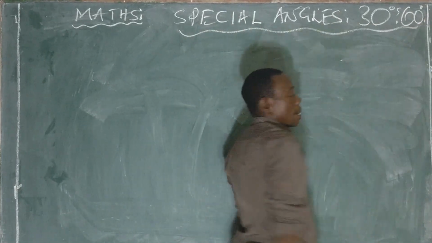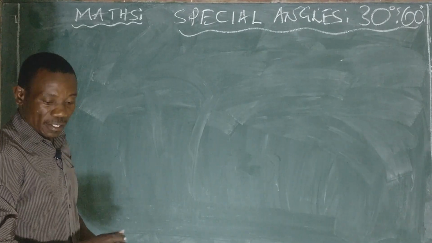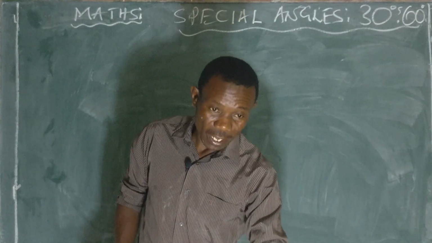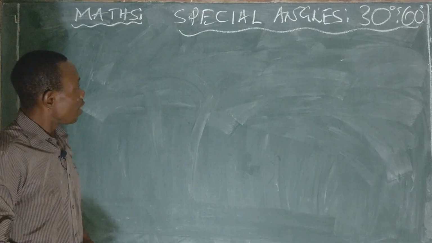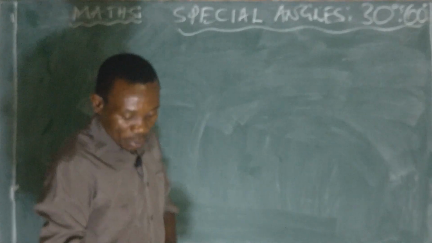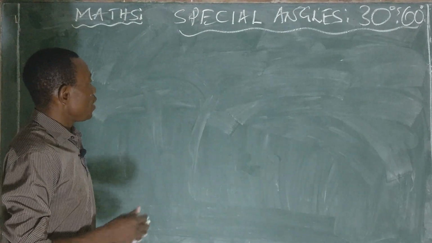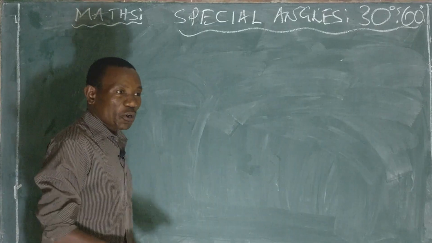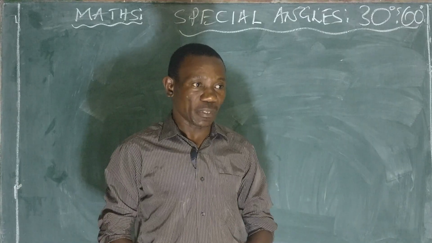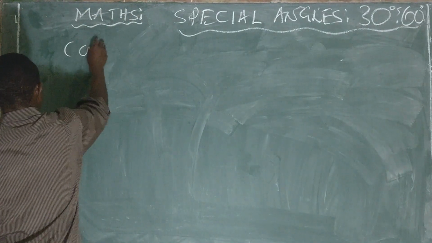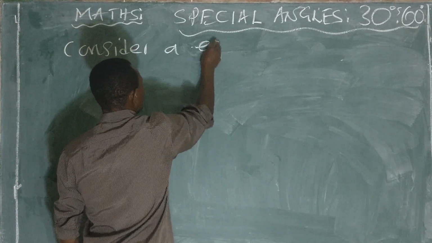For us to find the trigonometric ratios of 30 degrees and 60 degrees, what is required is a triangle. Usually trigonometry requires you to have a triangle. This triangle should be equilateral, with sides of 2 units distance each. So here we are going to consider a triangle that is equilateral.